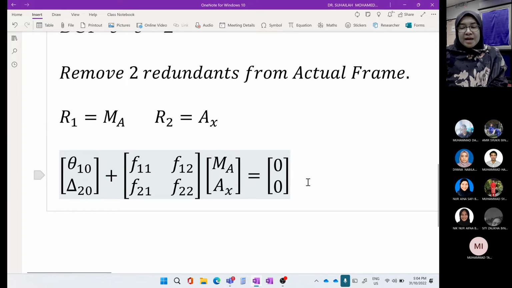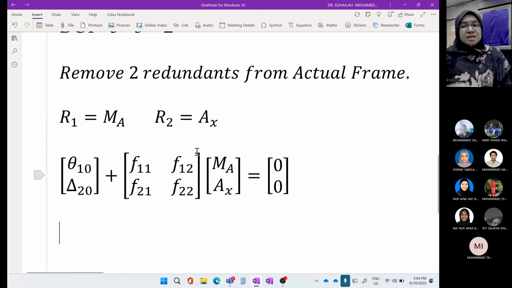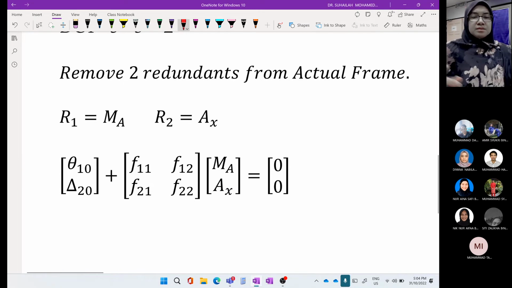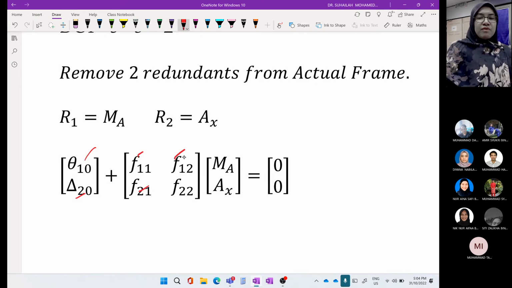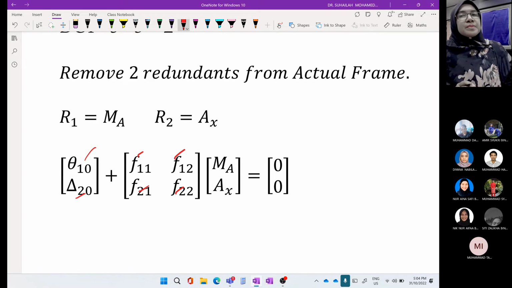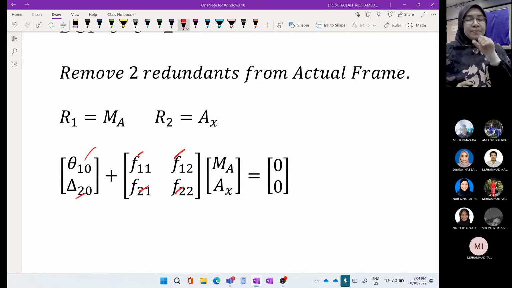Okay, because inside this there are 6 displacements: 1, 2, 3, 4, 5, 6. There are 3 systems, with 2 redundant positions in each system. That's why the total is 6.